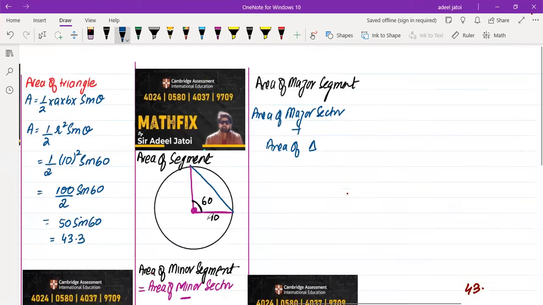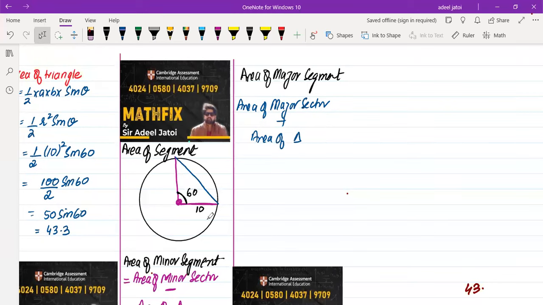To calculate the area of the major sector, we have already done this, but to make sure we understand, this should be 300 upon 360 into pi 10 square. The answer was 262.